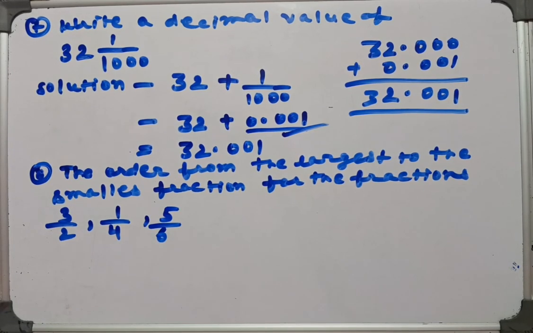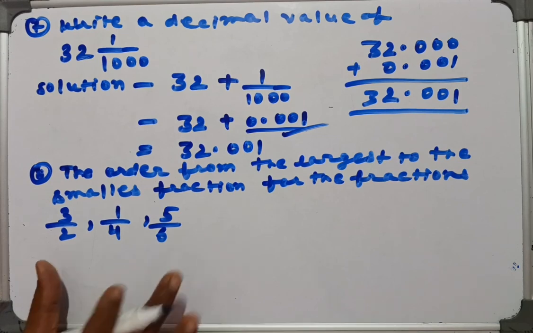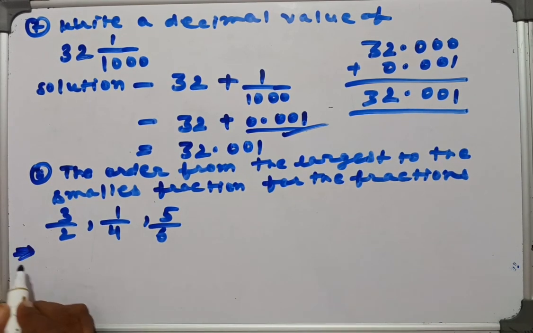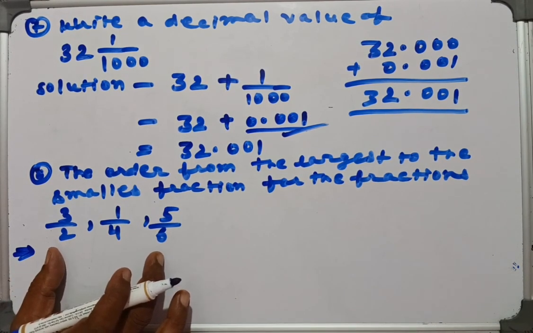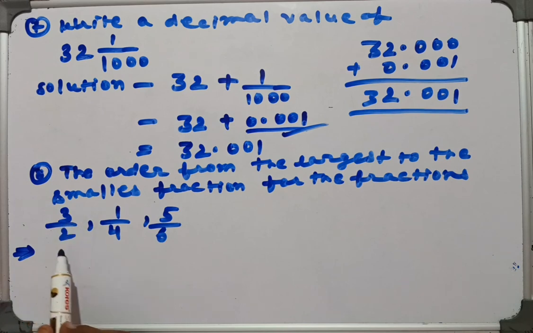Okay guys, so I will make the solution of this question in two methods. First I will make these fractional numbers, you can say, unlike fractions into like fractions. See, these three fractional numbers are an example of unlike fractions, because denominators are not the same.